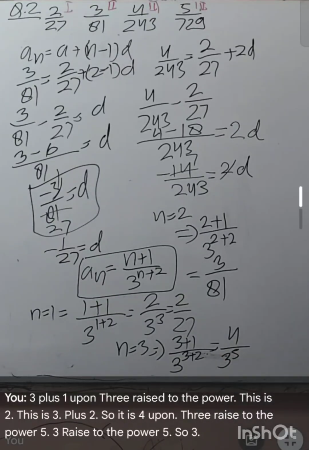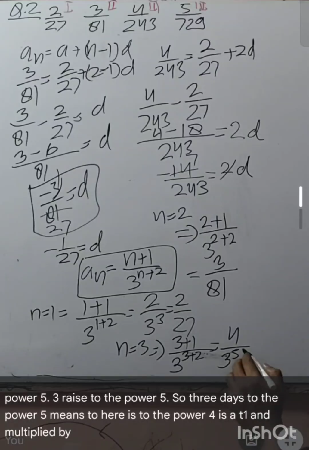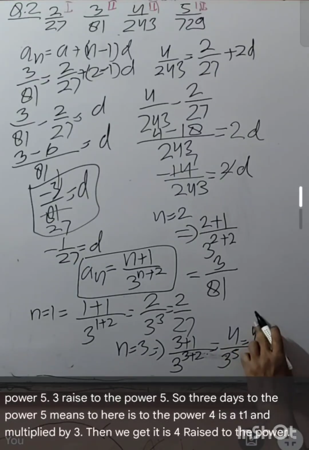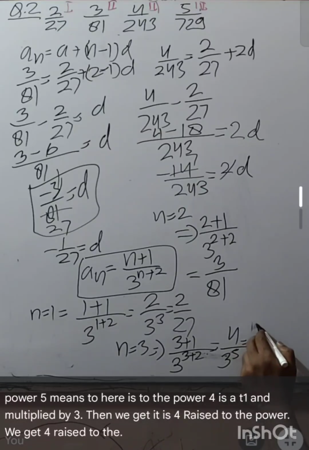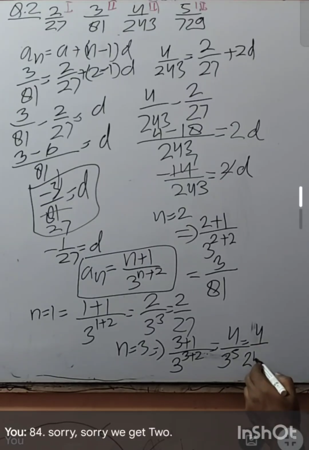So 3 raised to the power 5 means 3 raised to the power 4 is 81, multiplied by 3, then we get 243, right?